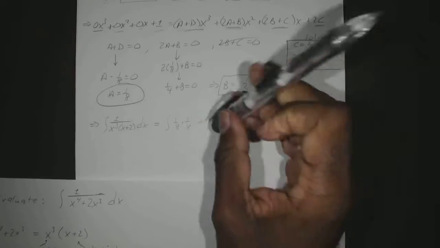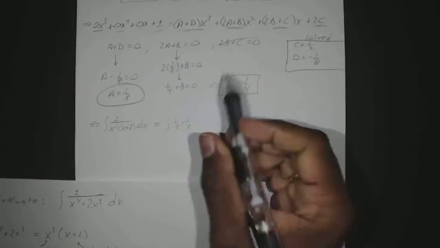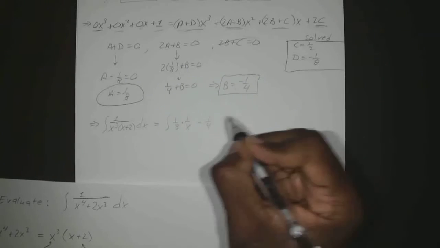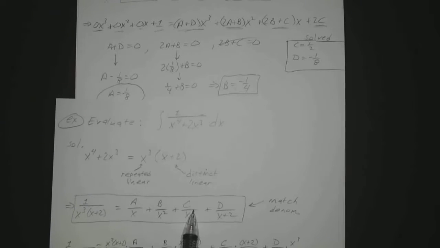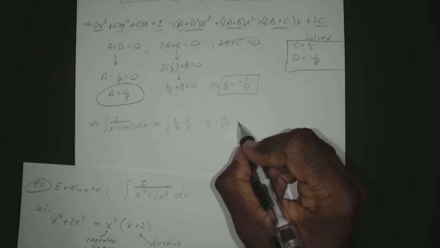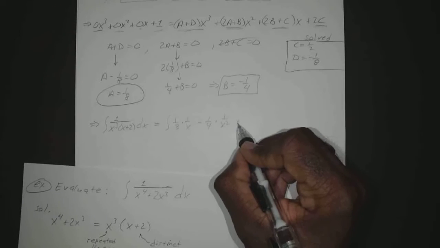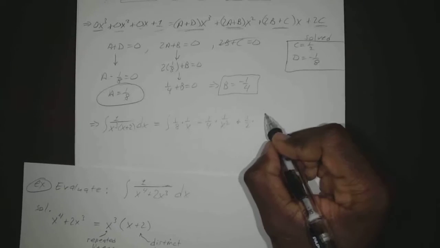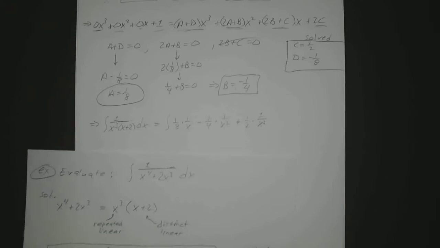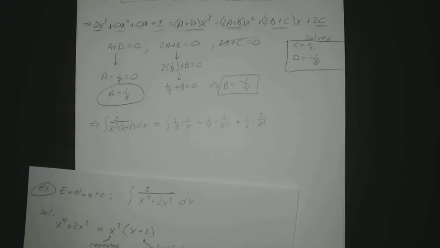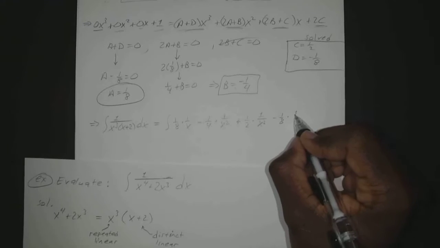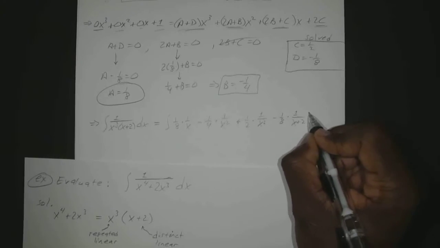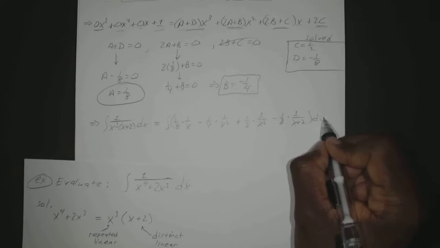B is negative 1/4, so we might as well make that minus, times 1 over x squared, plus C over x cubed. C is 1/2, so plus 1/2 times 1 over x cubed, and D over x plus 2. D is negative 1/8, so minus 1/8 times 1 over x plus 2, with respect to x.